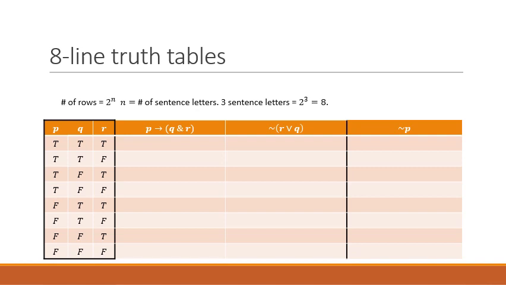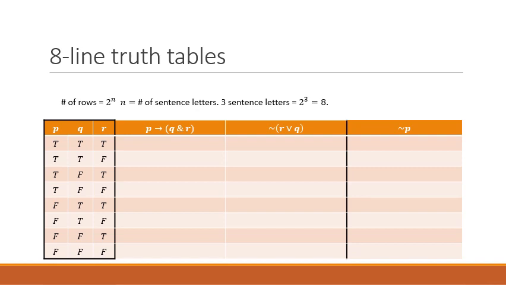The P, you'll notice, is half true, half false, right? So it goes by 4s, 4 trues, 4 falses. And then the Q goes by 2s, so it's 2 trues, 2 falses, 2 trues, 2 falses. And then the R's go by 1s: 1 true, 1 false, 1 true, 1 false. So it keeps on getting halved. You take 8 divided by 2, that's 4, so P is 4 and 4.